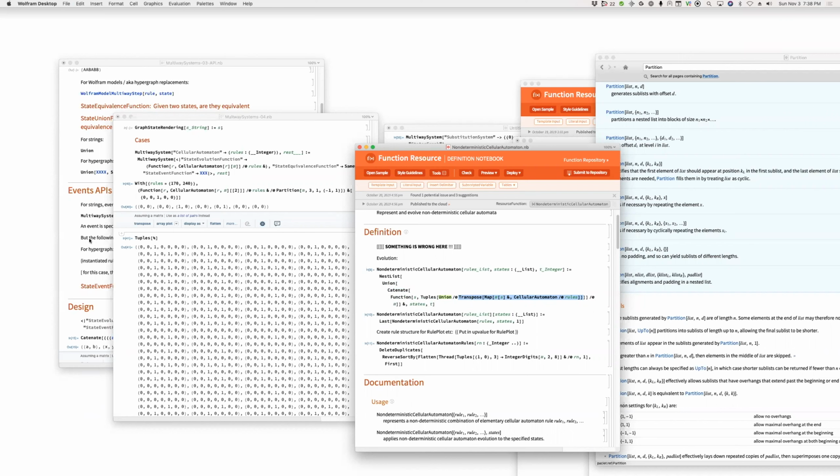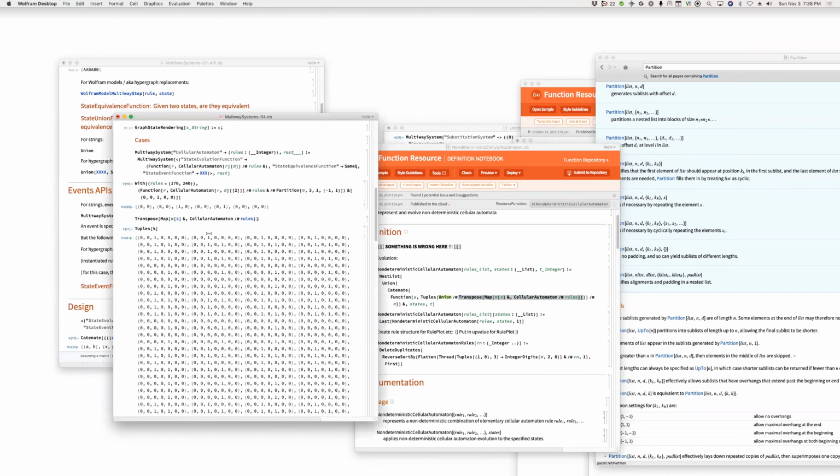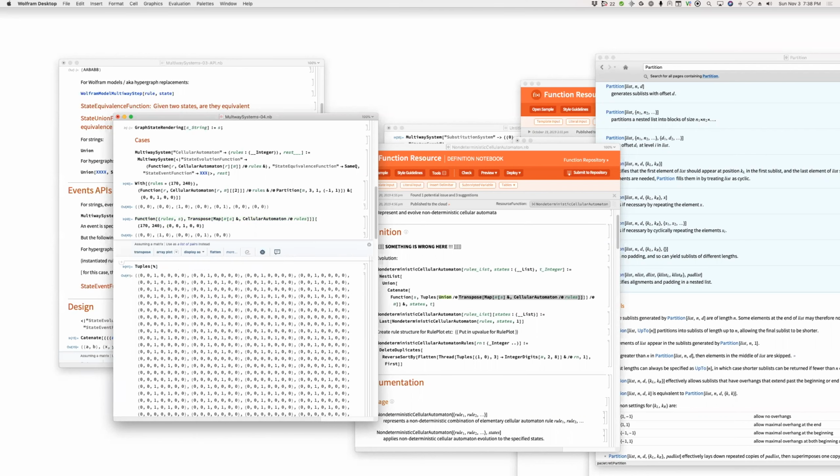I think we can do this. Okay, so given a state, the rules, let's say 172, 40, and a state, okay, that correctly gives us all the choices.